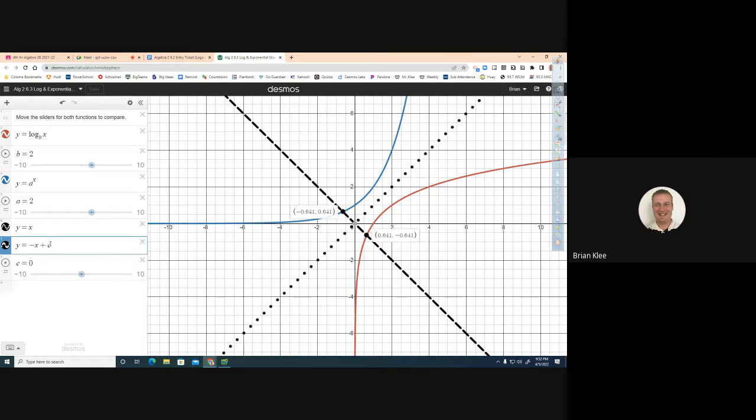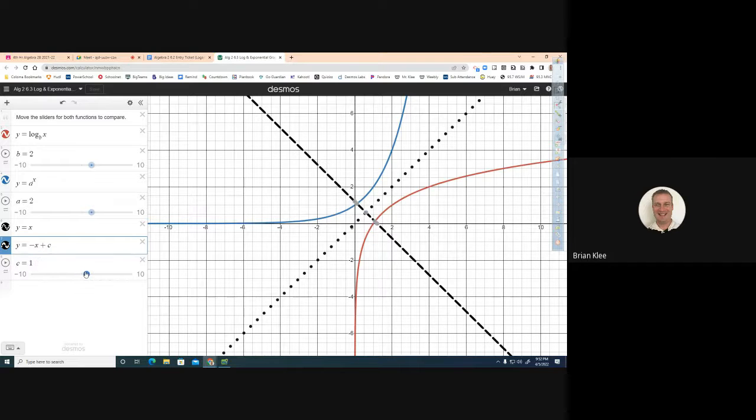And if I play around with the slider a little bit and get it right there, there's 0, 1 on the exponential, which corresponds to 1, 0 on the logarithmic. So what should be becoming very clear at this point is whatever's x and y on the exponential becomes y, x on the logarithmic and vice versa.